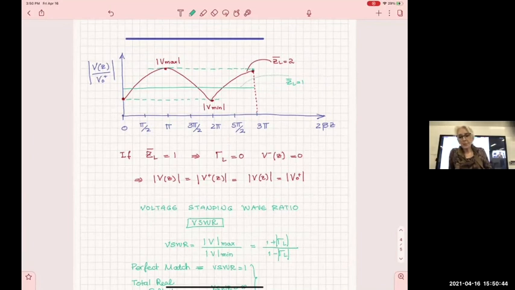But for VSWR, V naught plus does not matter because you divide two numbers that both have V naught plus, so it gets out of the picture, right? VSWR only depends, as you can see from here, on the load. Any other questions?